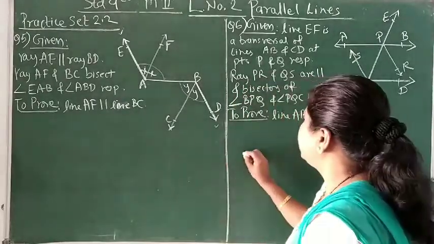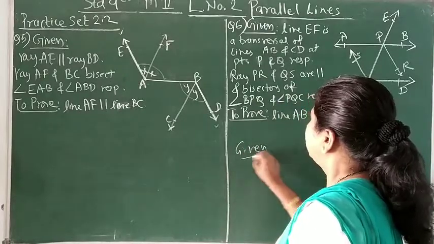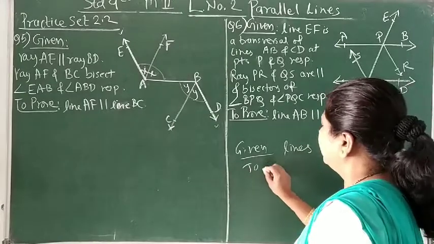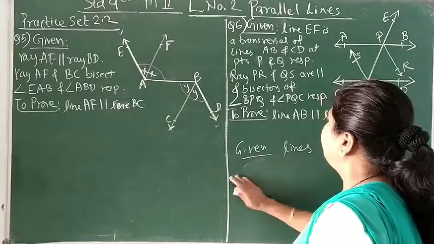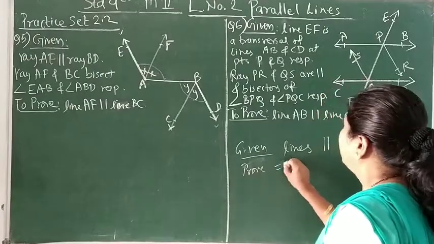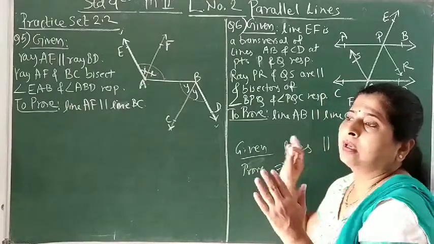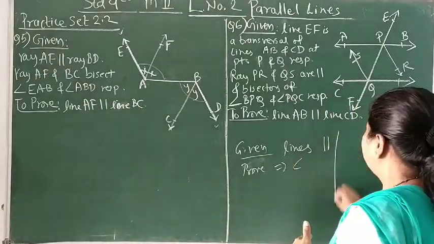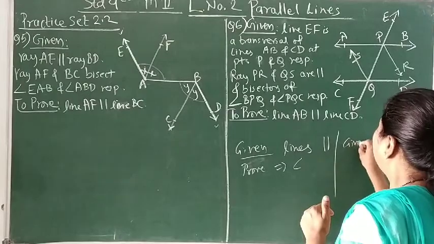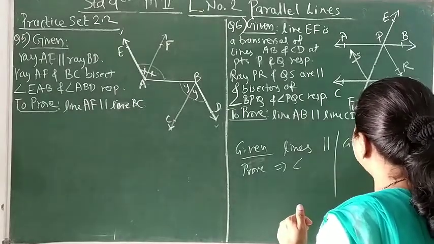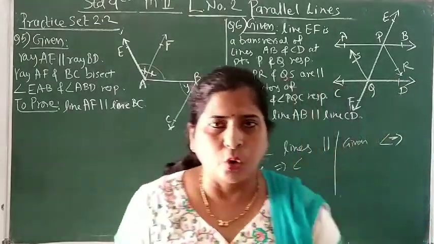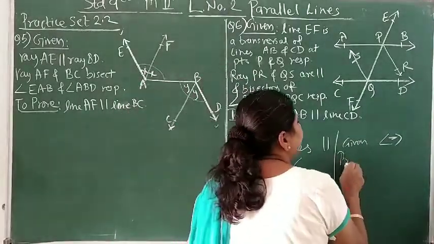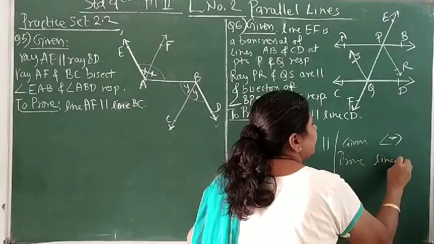When it is given that the lines are parallel, we can prove that corresponding angles are congruent, alternate angles are congruent, and interior angles are supplementary. The converse is the other situation: when it is given that alternate angles are congruent, corresponding angles are congruent, or interior angles are supplementary, then we can prove that the lines are parallel.